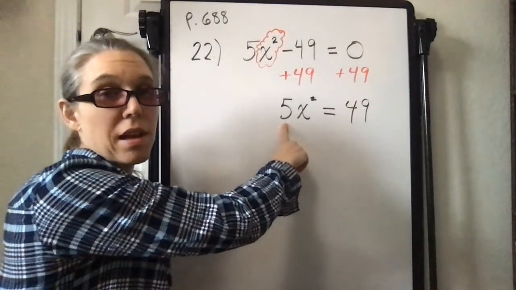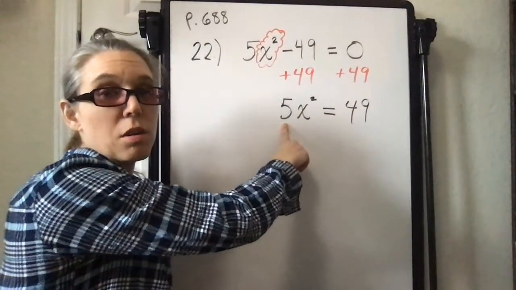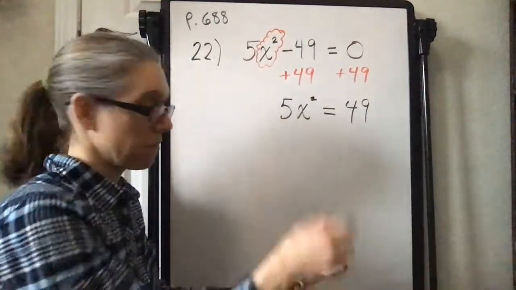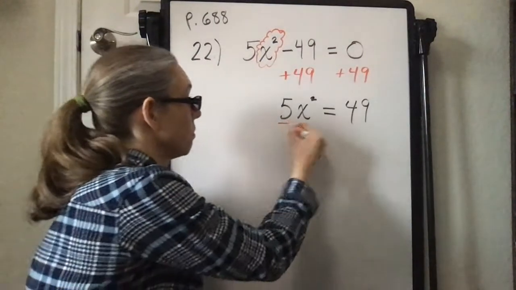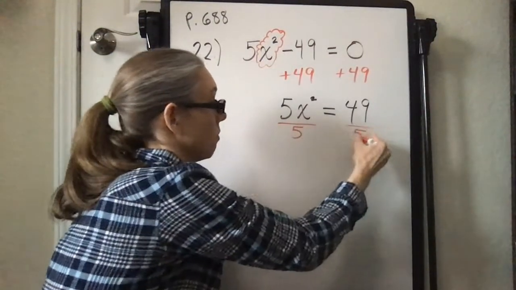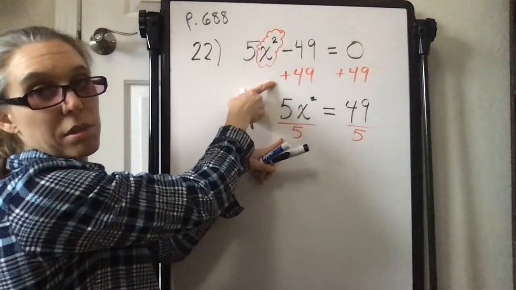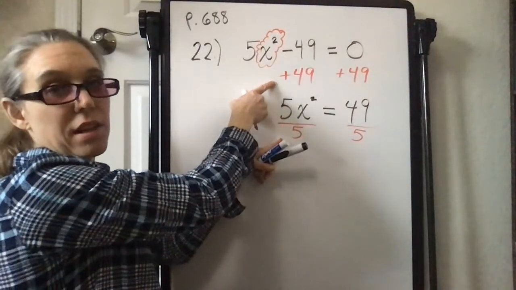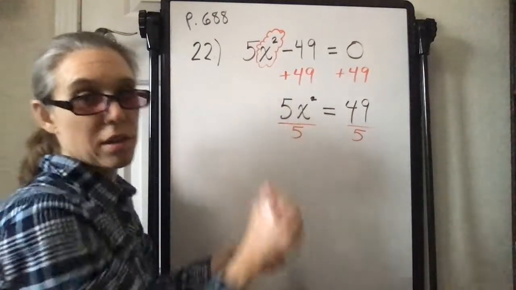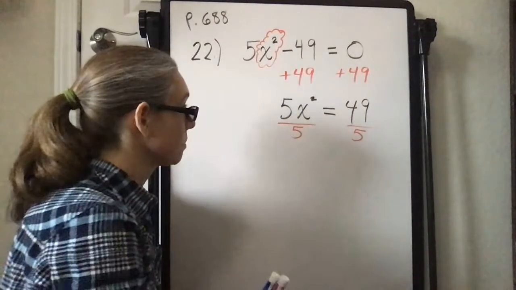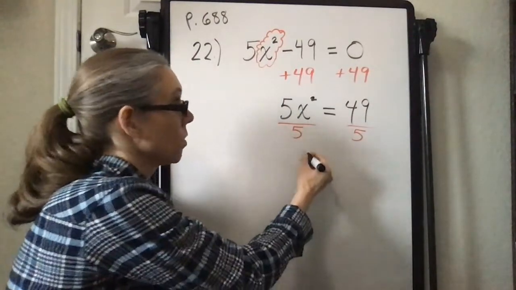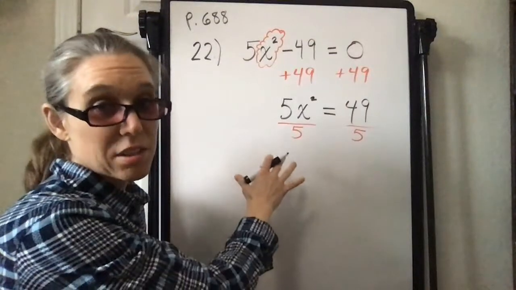So before we apply the square root property, we must divide both sides by 5. These two parts of work, the plus 49 plus 49 divided by 5 divided by 5, are not required. What I've written in black is required.